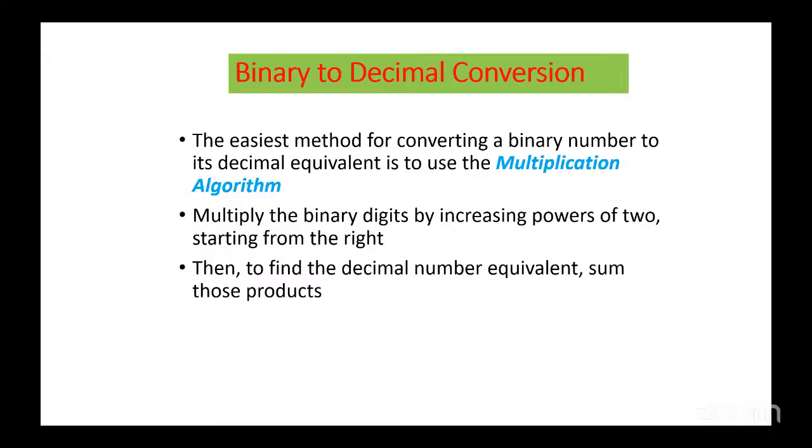So multiply the binary digits by increasing powers of 2, starting from the right. Next, third, to find the decimal equivalent, sum those products.